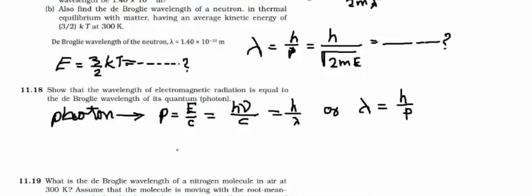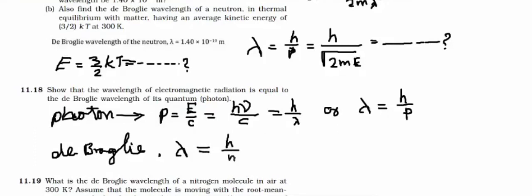Next we can try to calculate the de Broglie wavelength. For de Broglie wavelength, we have the formula lambda is equal to h by mv, which is equal to h by p.